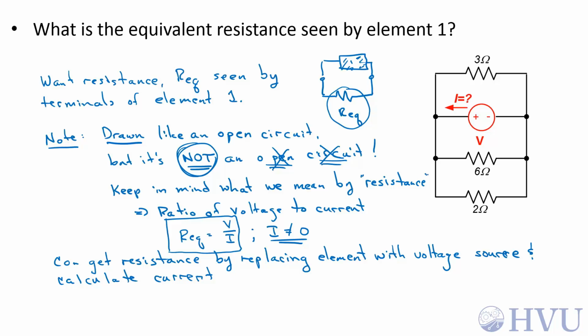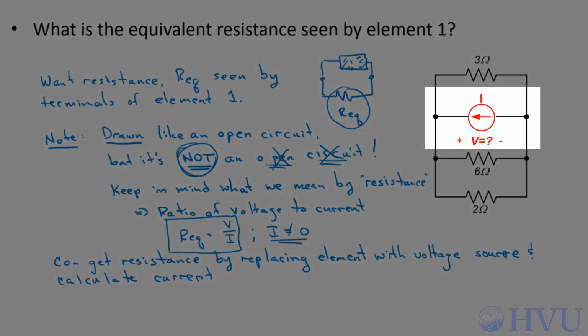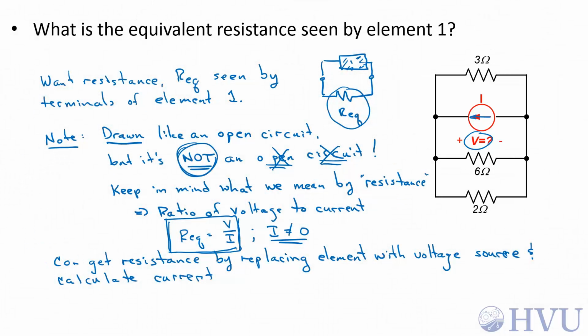We can do exactly the opposite. If we wanted to, we could replace the element with a current source, calculate the voltage, and still make this same calculation. So the opposite is also true. Now that I've reiterated what we need to know about resistance in order to make this make sense, let's go ahead and do our calculation.